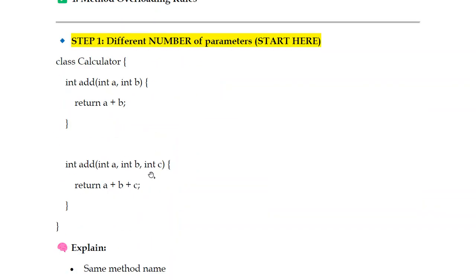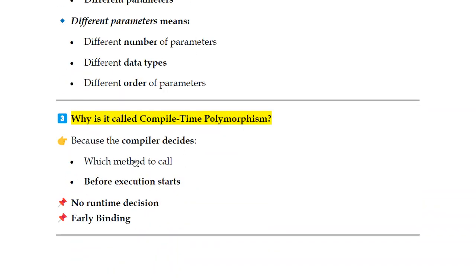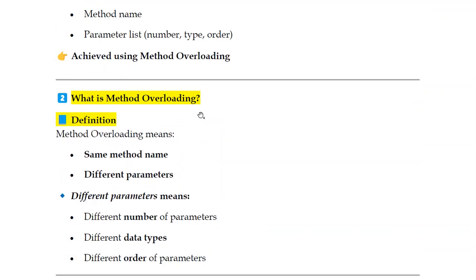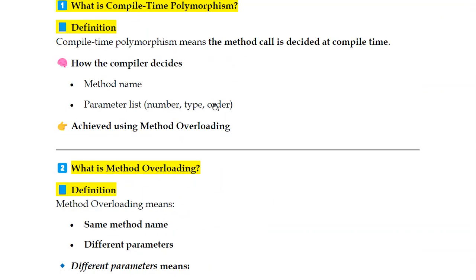In the next session, we will discuss how to implement method overloading, because we have now discussed compile time polymorphism. The method call is decided at compile time. How does the compiler decide? Using the method name and parameter list. The parameter list may be the number of arguments, data types, or order of the arguments. This compile time polymorphism is achieved using the method overloading concept.